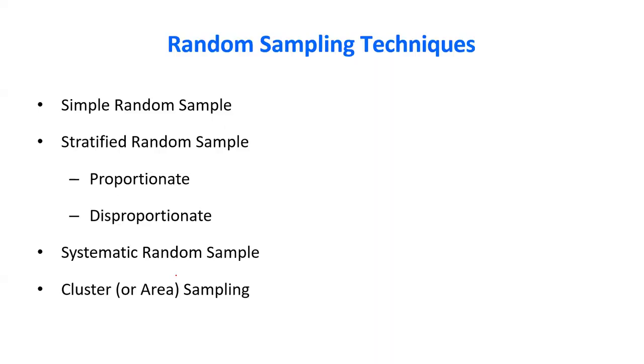Now, when it comes to random sampling techniques, there are different kinds of random sampling. One is simple random sampling. Simple random sampling is nothing but I have a complete data. As I mentioned, all the observations are sitting in this particular data.